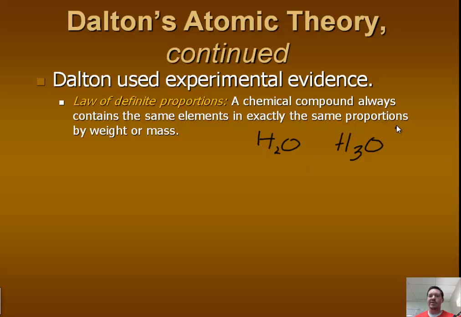What we have is actually a hydronium ion, because we've got a positively charged water molecule, so we've got an extra hydrogen there. Not something that's important for you to know, just the proportion part. So in order for a compound to be what it is, it has to have the same number of each element.